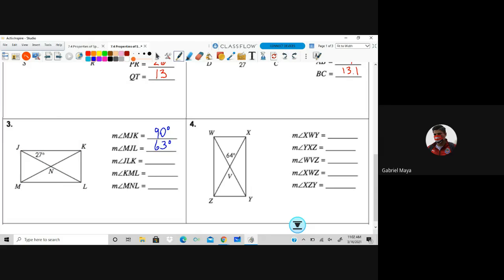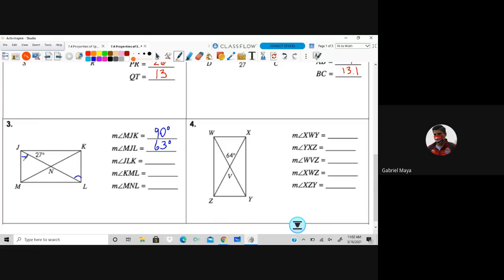So that would mean that this angle right here and this one are alternate interior angles. So JLK and MJL are alternate interior angles.